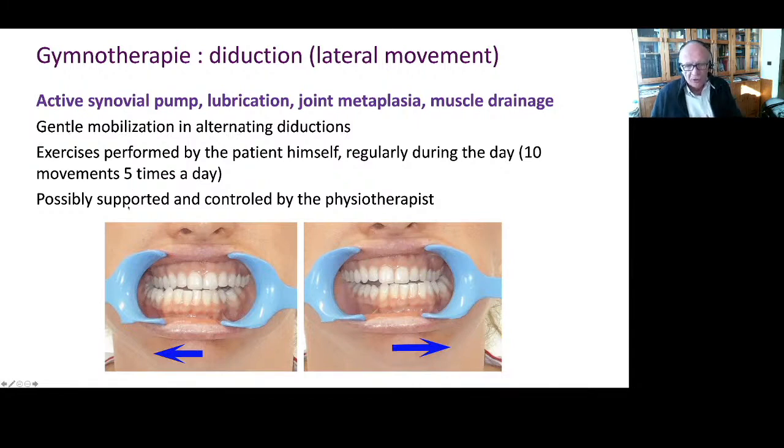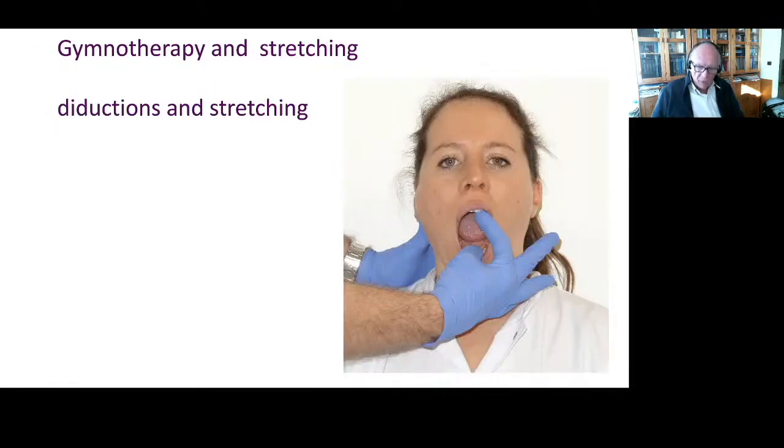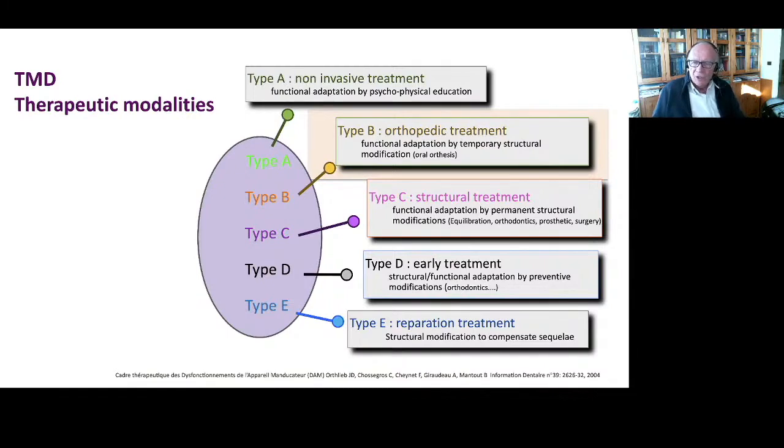For some patients, it is necessary and interesting to support this therapy with a physiotherapist, but just for education and observance of the treatment. When we have chronic limitation of movements, we can add gymnotherapy with stretching exercise. It was an example of a non-invasive treatment.